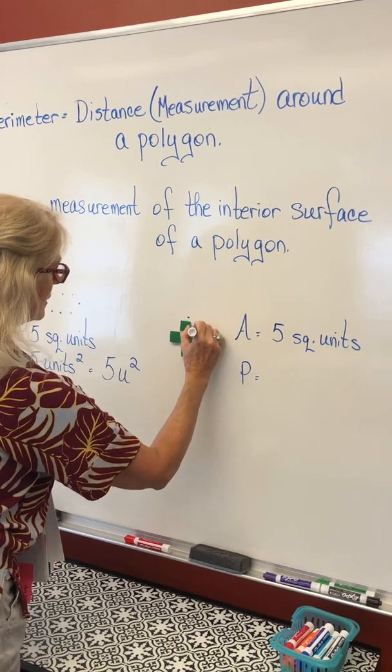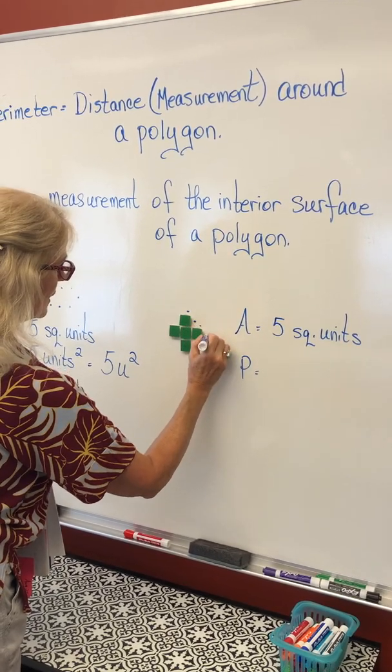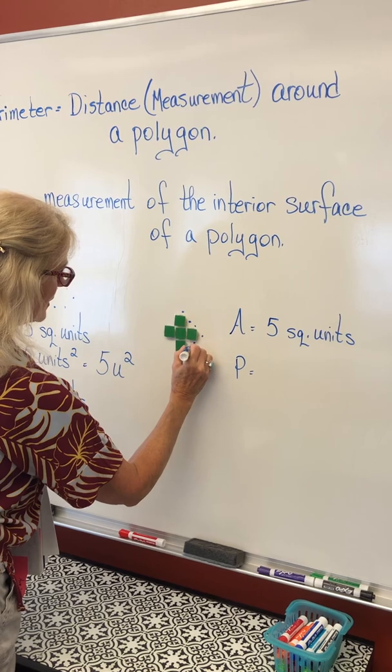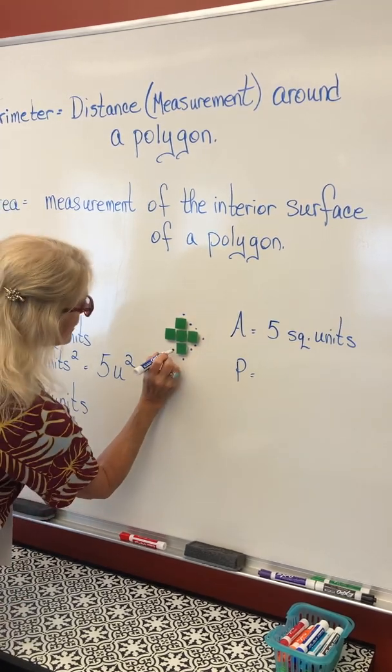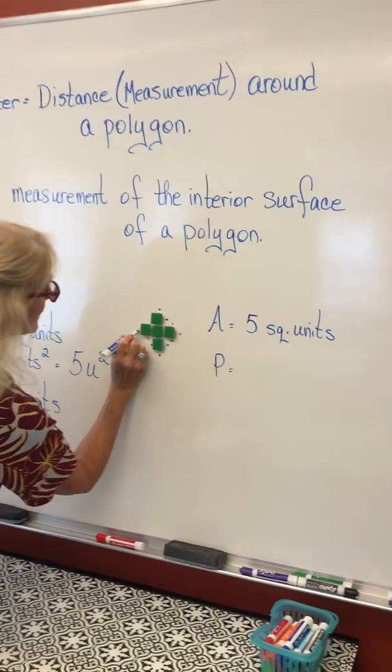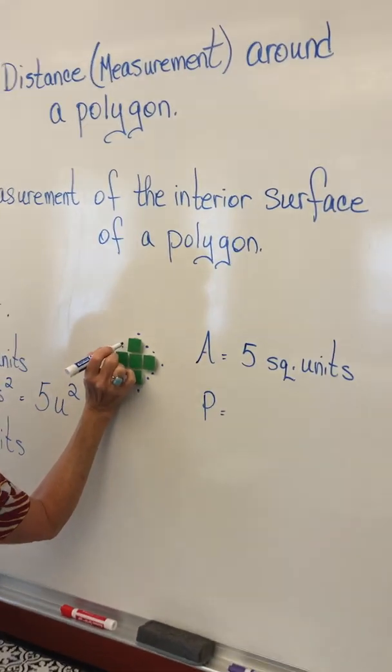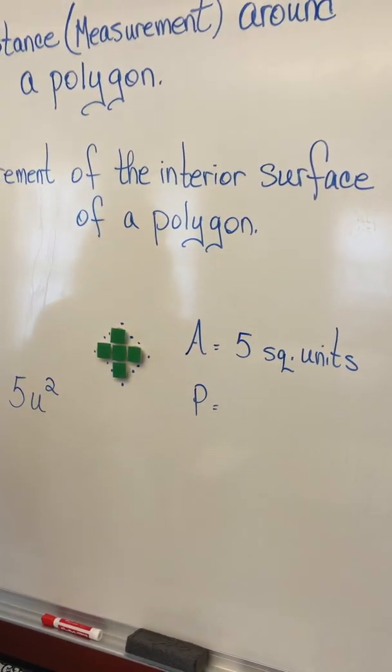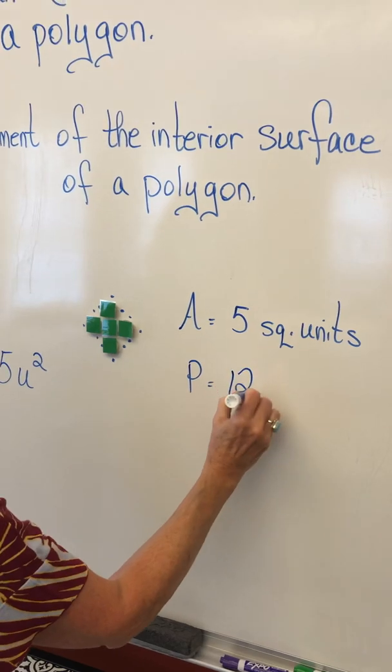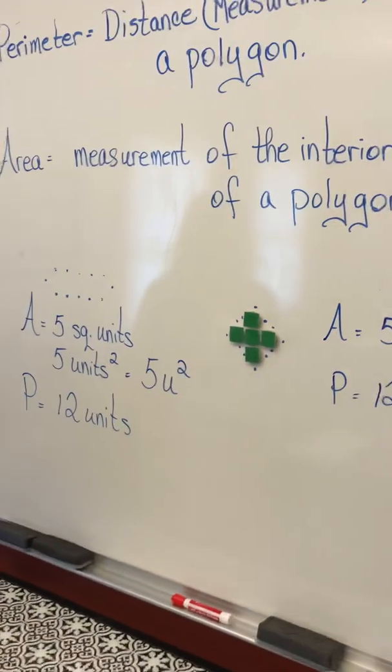We have 1, 2, 3, 4, 5, 6, 7, 8, 9, 10, 11, 12. I have 12 units here for the perimeter.